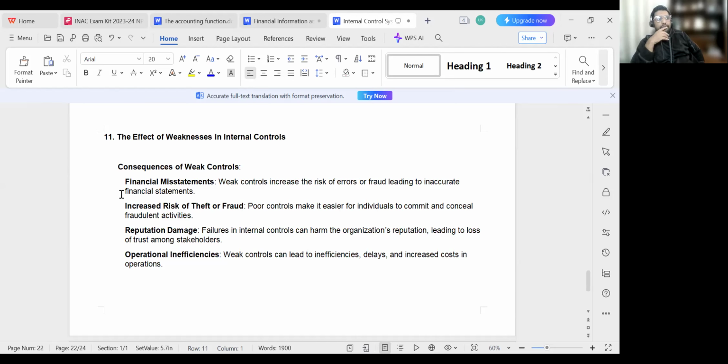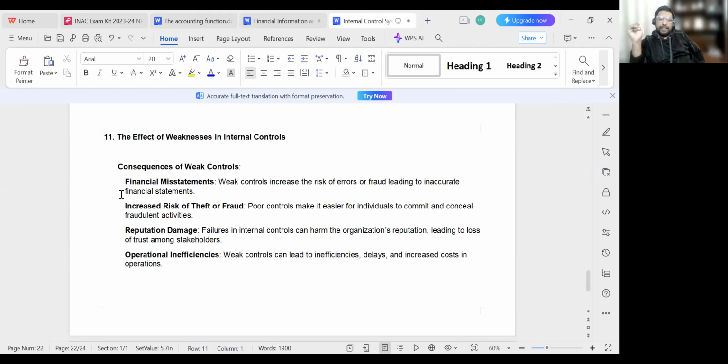So if the internal control system is weak, there is a possibility that the amount of your assets or amount of sales or purchases, anything is misstated. If something is misstated, that's going to impact your financial statement, your statement of financial position and statement of financial performance, right?